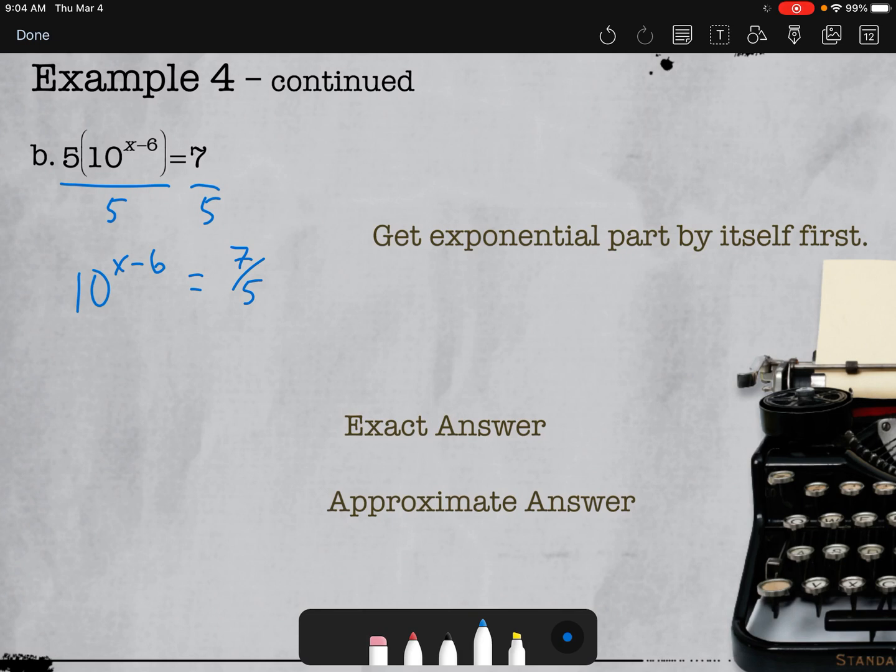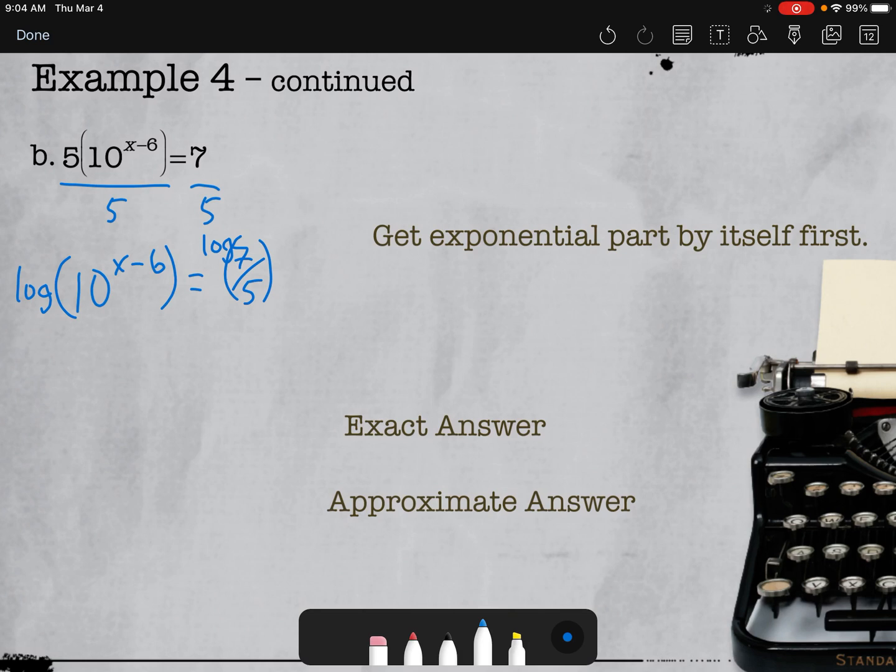Now, quick question though. Recognize the base is 10. What is base 10 in logarithms? Log, right? So if I take the log of this and the log of this, remember if you do it to one side, you have to do it to the other, correct?